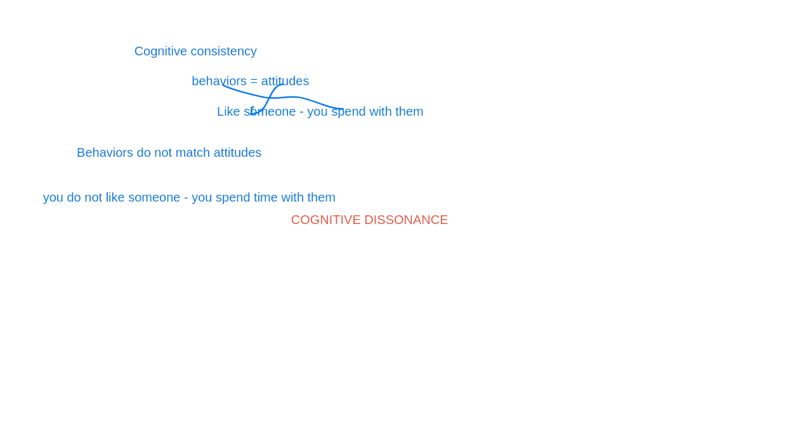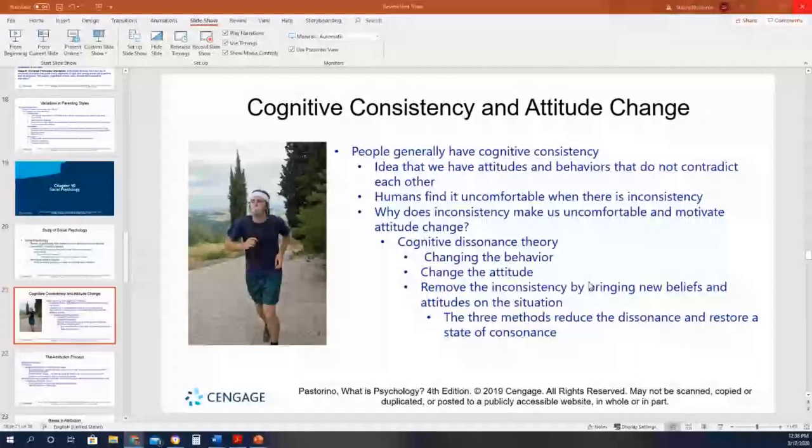So if you recall, and this is the example that I used in class with the smoking and the health, according to cognitive dissonance theory, there are 3 things that you can do to achieve consonance, where your attitudes and behaviors align. You can change your behavior, you can change your attitude, or you can create new attitudes. So let's use the example.